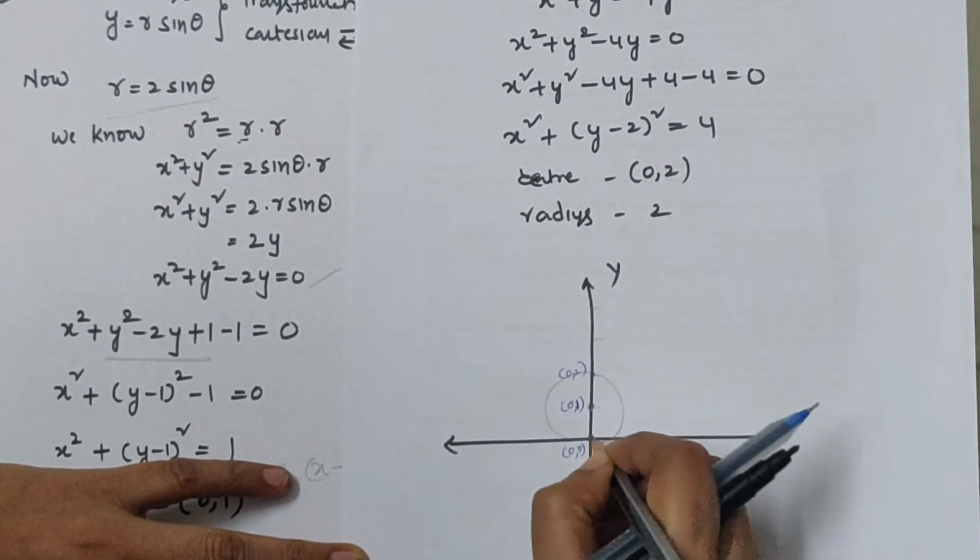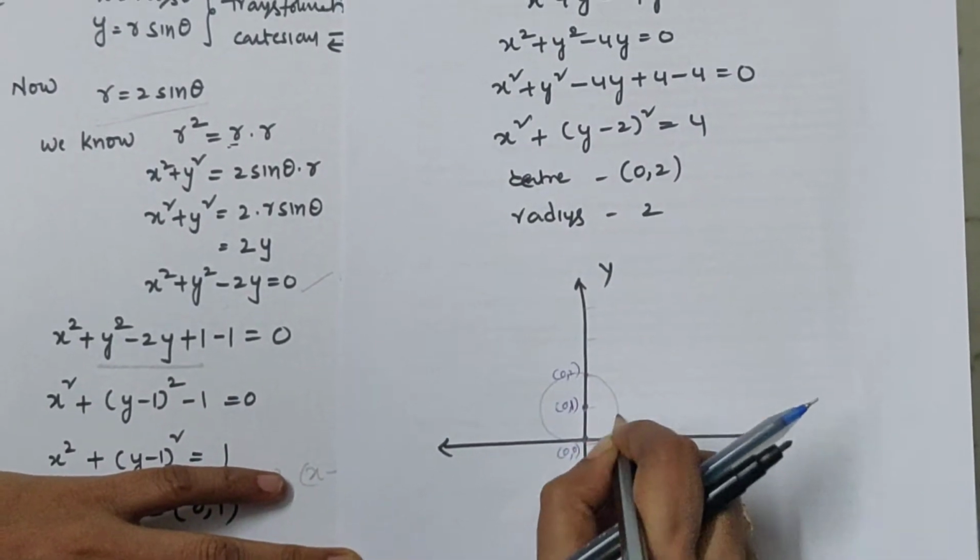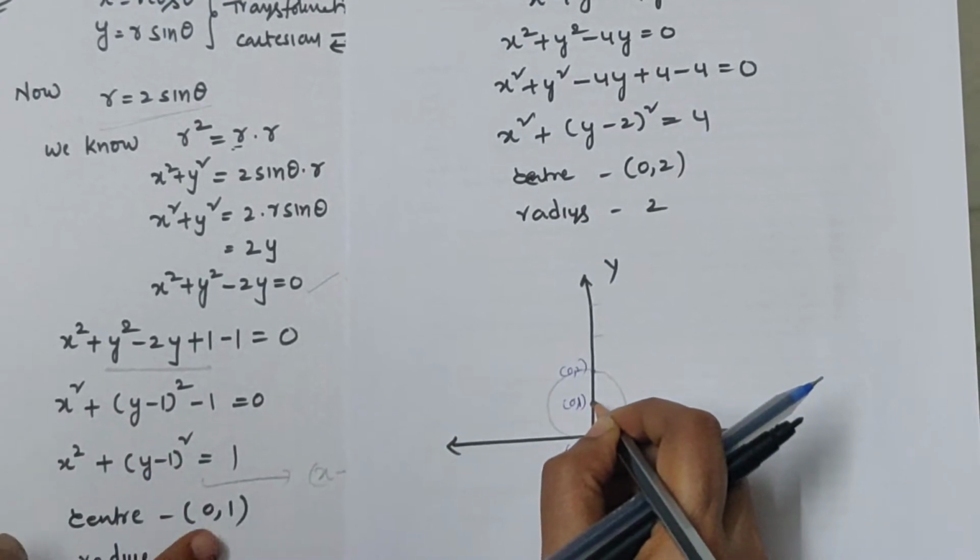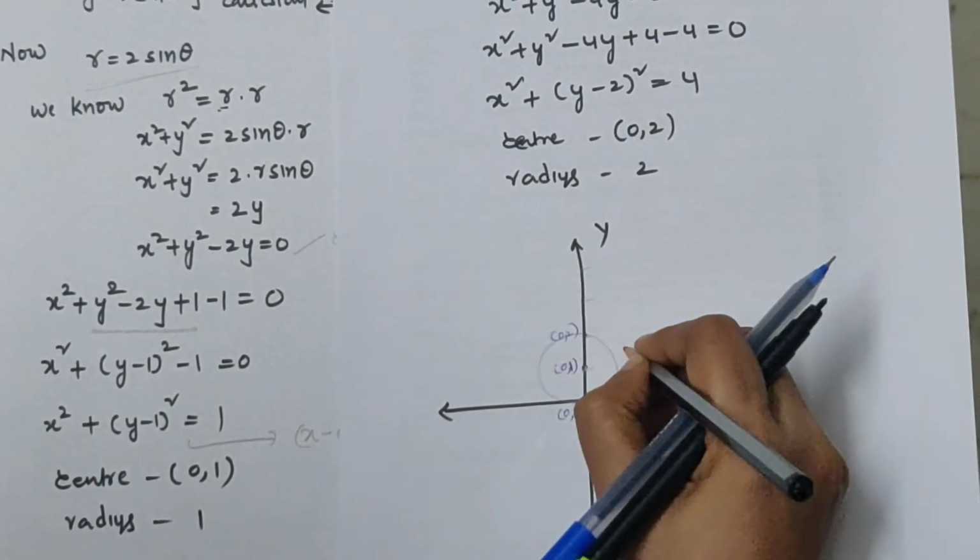This is the circle diagram: center 0, 1, radius 1 unit.